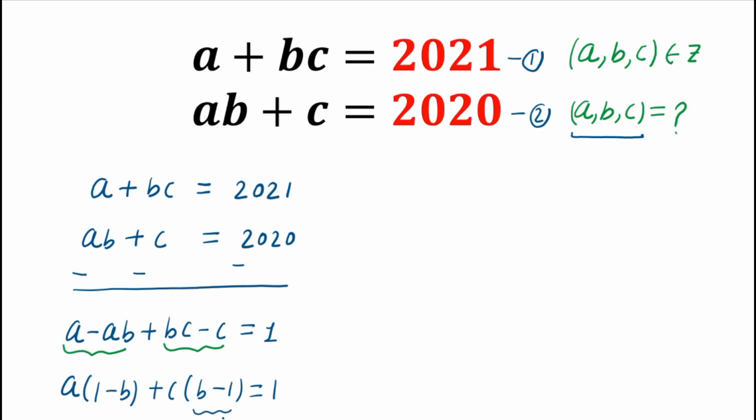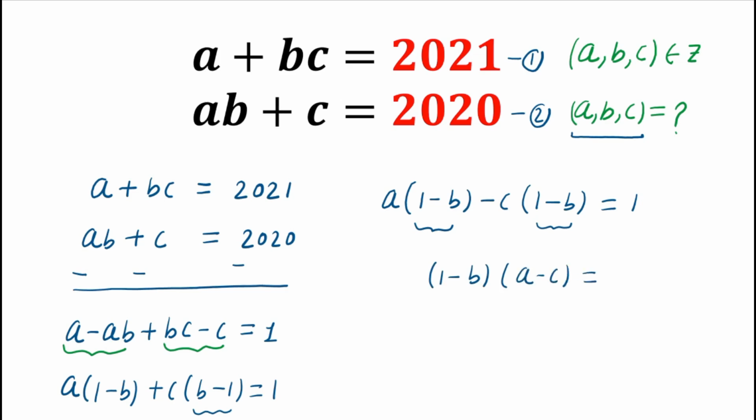So if we take common negative 1, we get a times 1 minus b, and negative c times 1 minus b, and this equals 1. Now 1 minus b is common, so if we take common 1 minus b, you will get a minus c, and this equals 1.